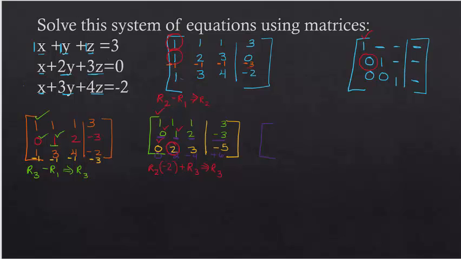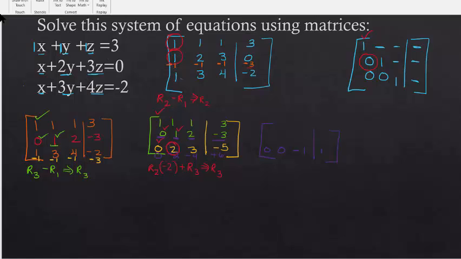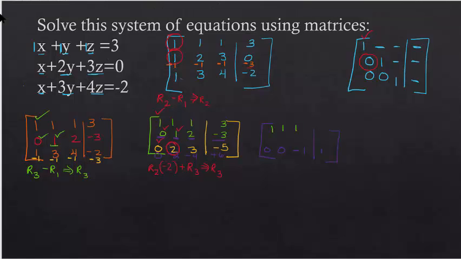So now our bottom row: 0 plus 0 is 0. 2 plus -2 is 0. 3 plus -4 is -1. And -5 plus 6 is +1. And the top two rows did not change. So this is still 1, 1, 1, 3, and 0, 1, 2, -3.